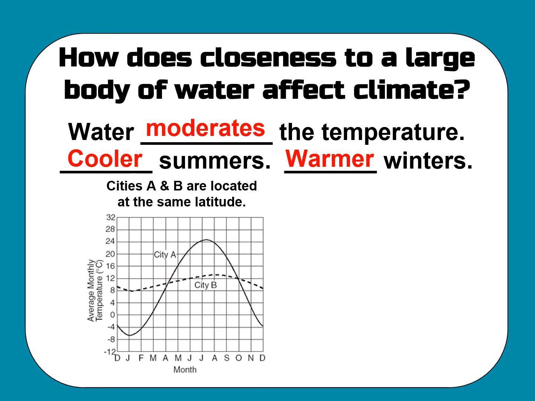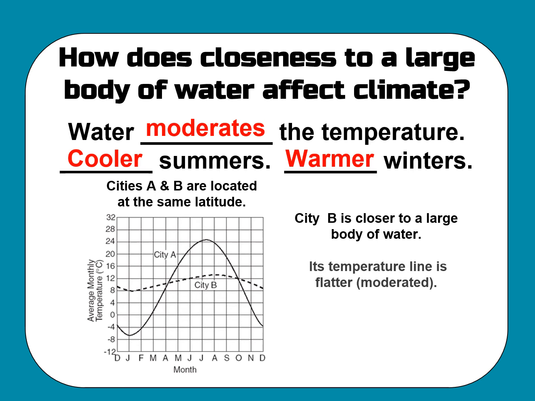If you look at city A, you see you have a large spike going down in January, and then June, July, you've got a large spike where it gets hot. So you've got extreme temperatures. But if you look at city B, you can see it's a little more even. So we know B is closer to a large body of water because it's more moderate.